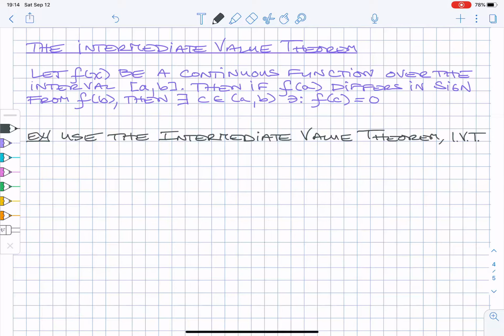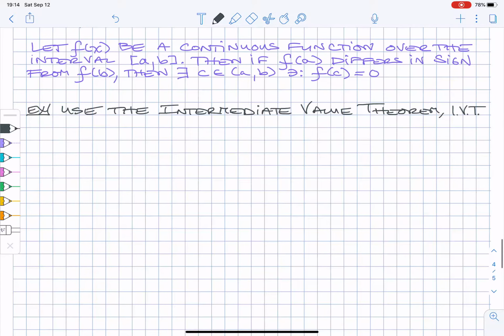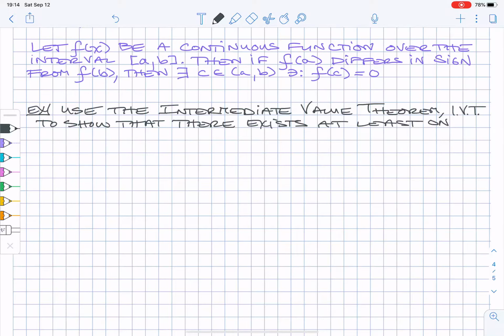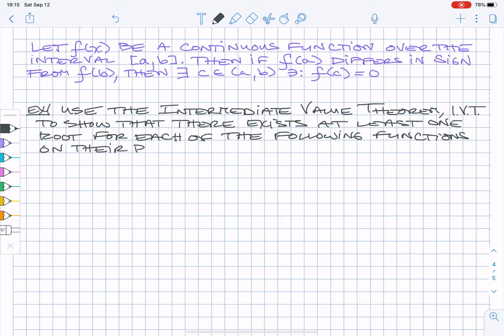It's so common that in math we call it the IVT, to show that there exists at least one root for each of the following functions on their respective given intervals.